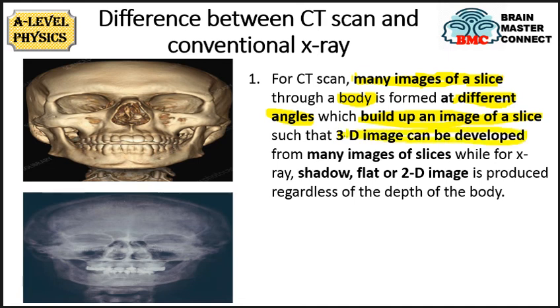So a 3D image can actually be developed by combining the image of each slice. And 3D simply means three-dimensional image. So that is noted already, that many images of a slice will give us a 3D image if combined together and developed.